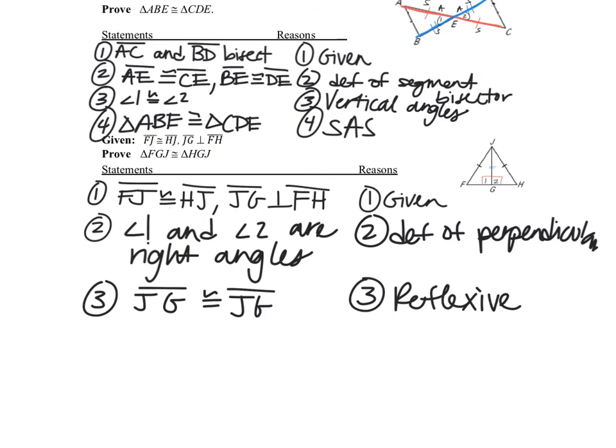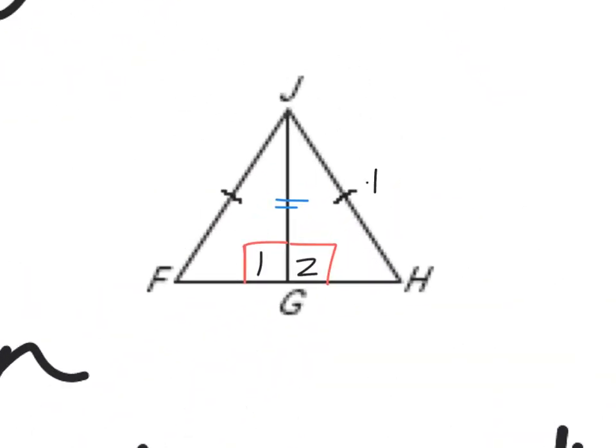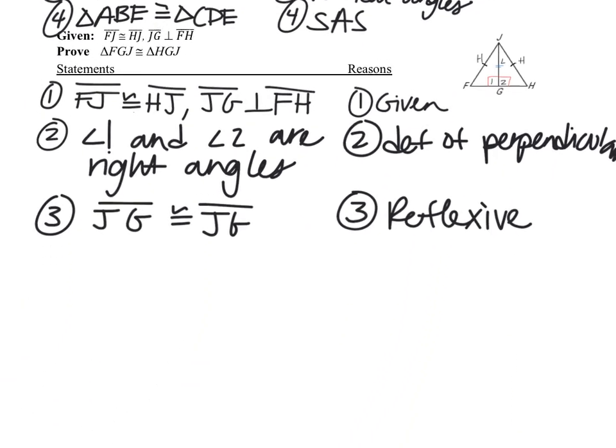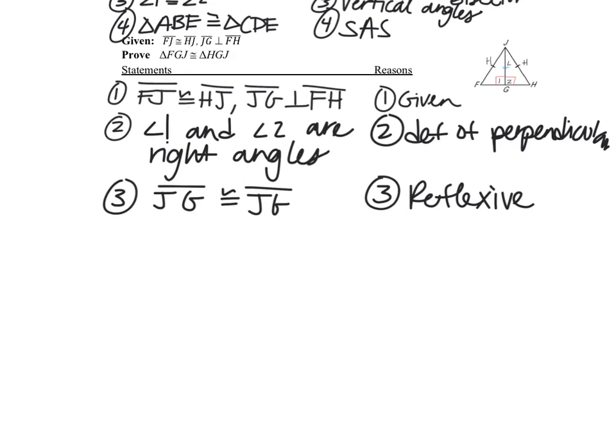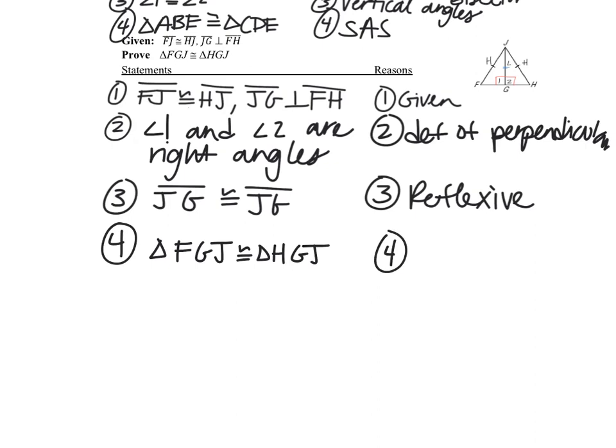Make sure that you have HL. You do. So you can say the triangles are congruent because of hypotenuse leg. Triangle FGJ is congruent to triangle HGJ because of HL, hypotenuse leg.